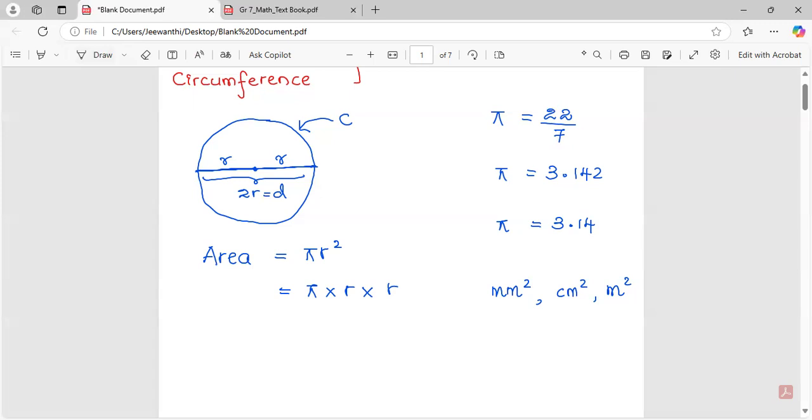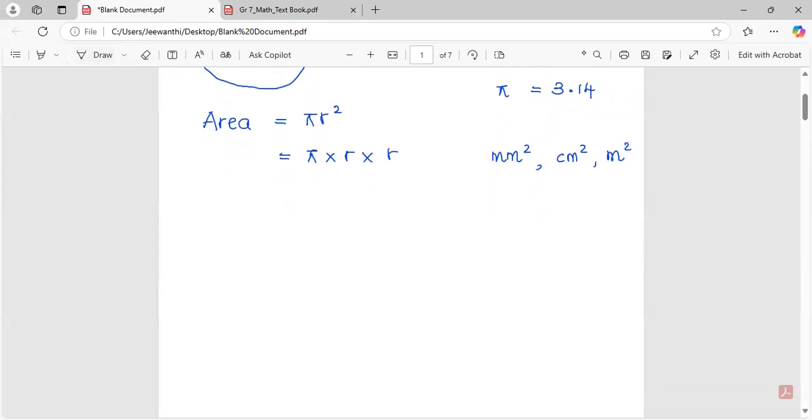Let's say we don't have the full circle. Instead, we have a half circle. We call this a semicircle, right? Here, this is the center, and I have cut the circle in half. Now I have only one half. So then this is the radius. And how am I going to get the area of this?